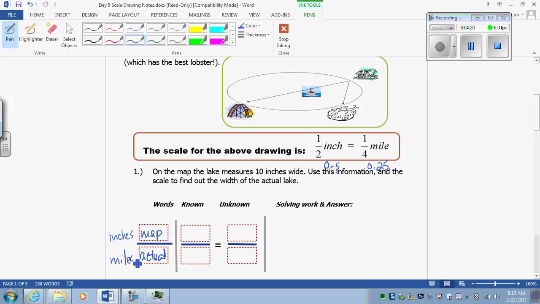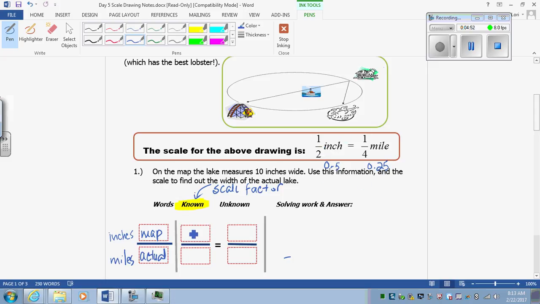Now, we always are going to be given the scale factor. We have to know what the scale factor is. The scale factor is what we know. So our ratio is saying we want inches to miles. We know that 1/2 an inch is equal to 1/4 of a mile. Let's put these values in as decimals.